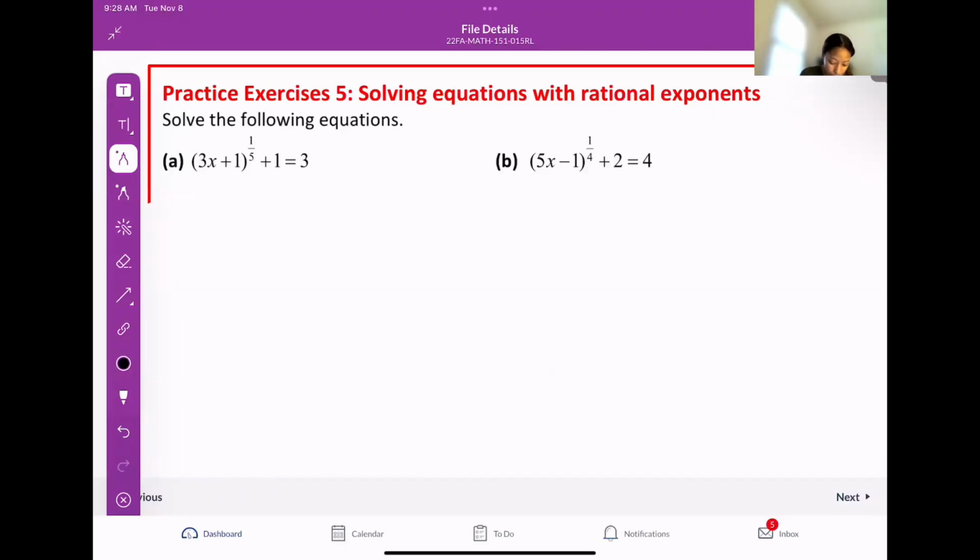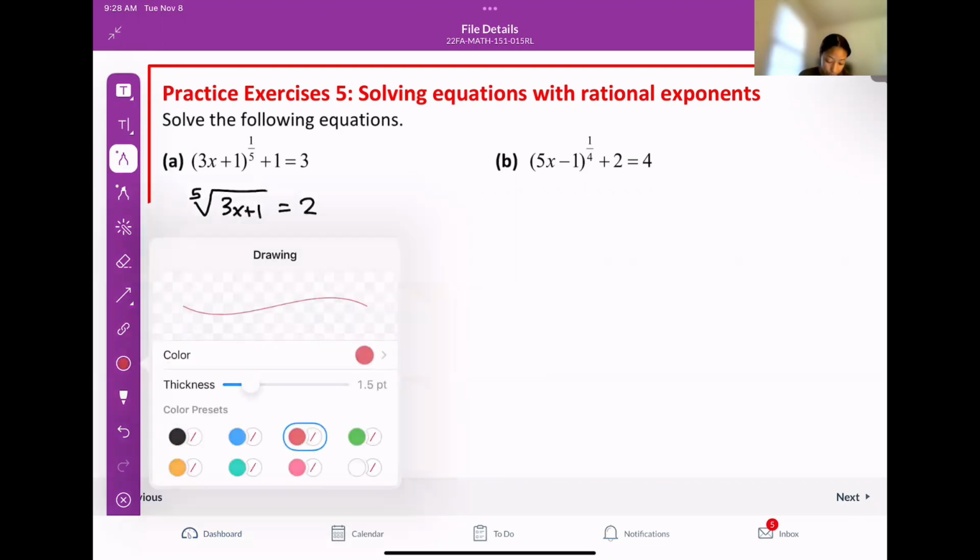Okay, so for problem A, 3x plus 1 to the 1/5 power minus 1, we need to isolate the term with the 1/5 power. If you want to, you can rewrite it also. That's the 5th root of 3x plus 1 equals 2, if we add 1 to both sides.